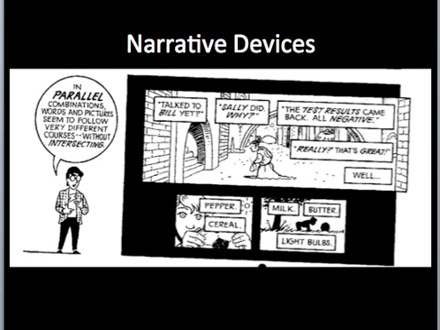Then there's parallel. In parallel combinations, words and pictures seem to follow very different courses without intersecting. So we see a person in the largest panel, and then we look at the text boxes. "Talk to Bill yet? Sally did what? The test results came back all negative?